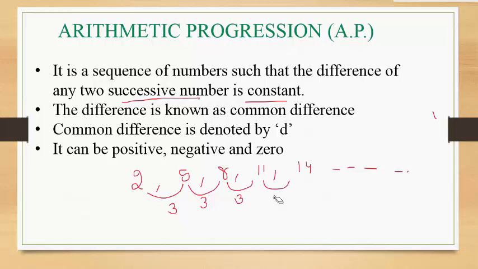So this is an arithmetic progression because the difference between any two successive numbers is constant. This 3 is known as common difference and denoted by small d. This common difference can be positive, negative and 0.